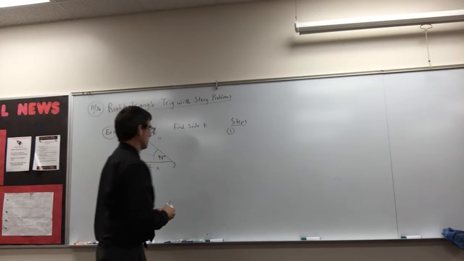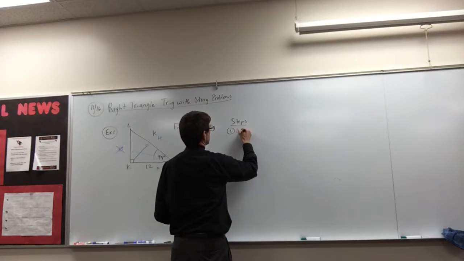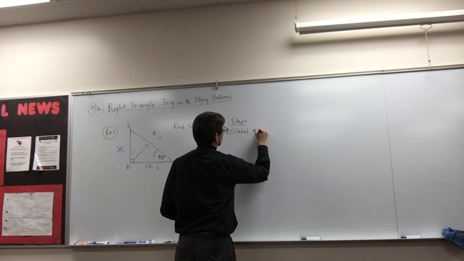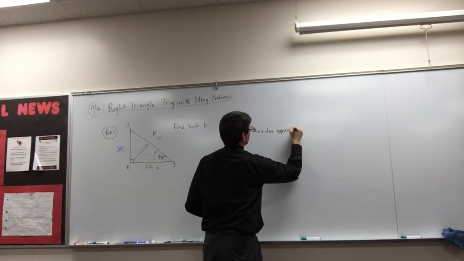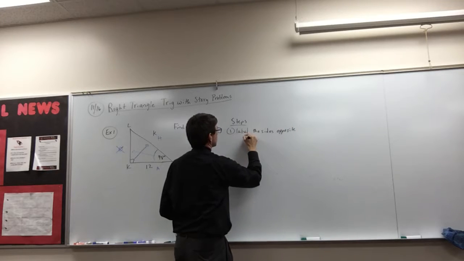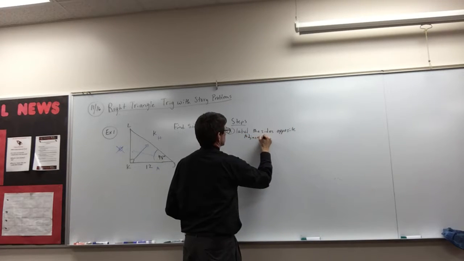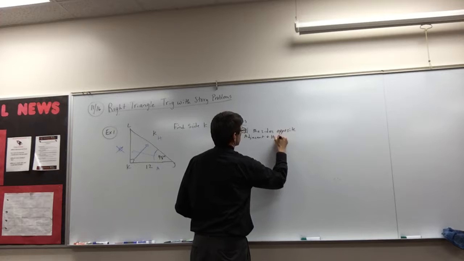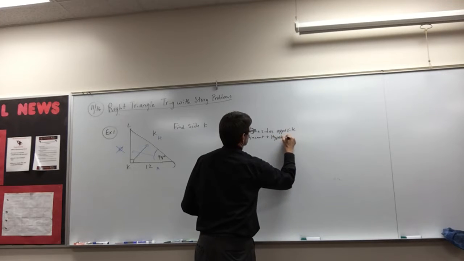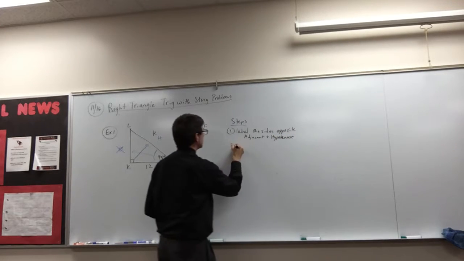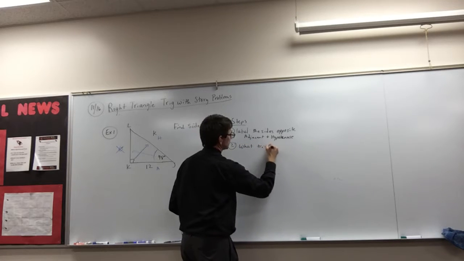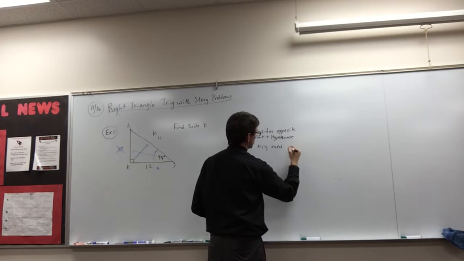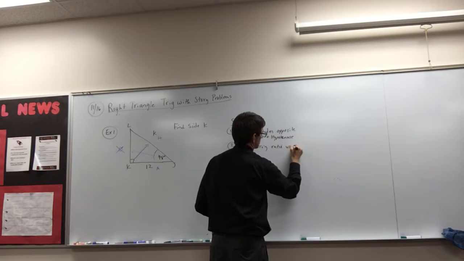After I label the sides with opposite, adjacent, and hypotenuse, I need to figure out what trig ratio uses the two sides I'm left with.